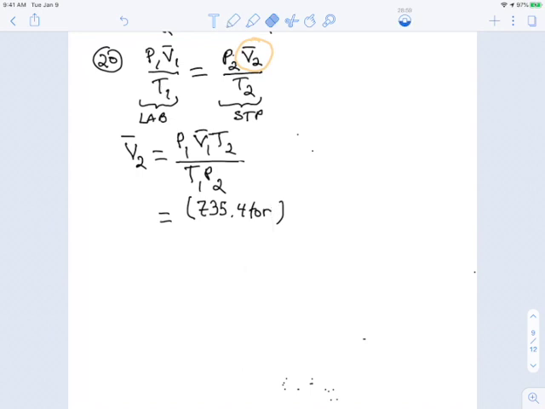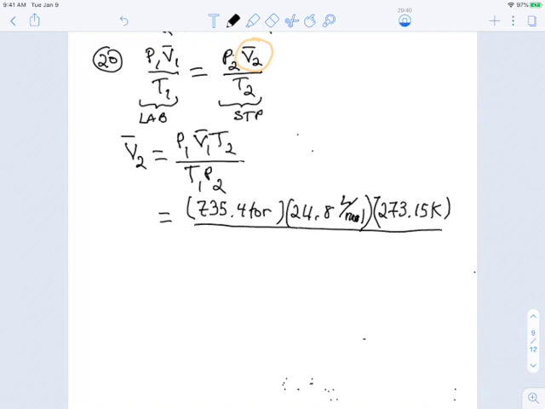And then we said that our volume of a mole of gas was 24.8 liters per mole. And then our temperature at STP is 0 Celsius, which is 273.15 Kelvin.